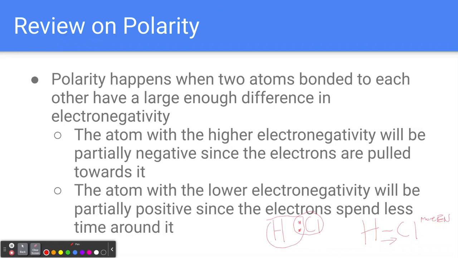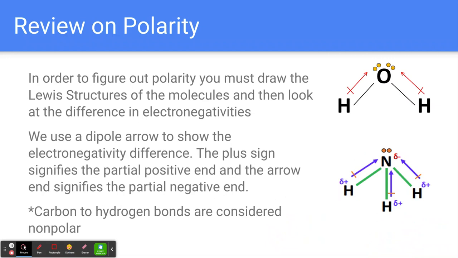And so this chlorine is partially negative. That's what this little delta sign means, is partial. So that's partially negative, and our hydrogen is partially positive. And so if we think about what this means in terms of what we draw, we draw this little positive arrow there.